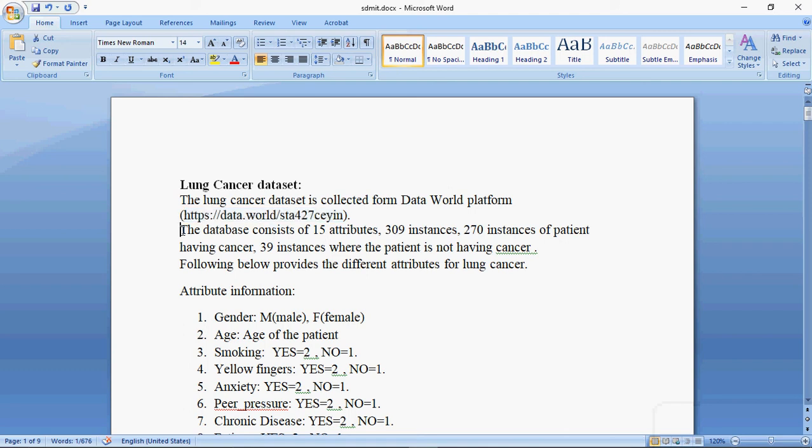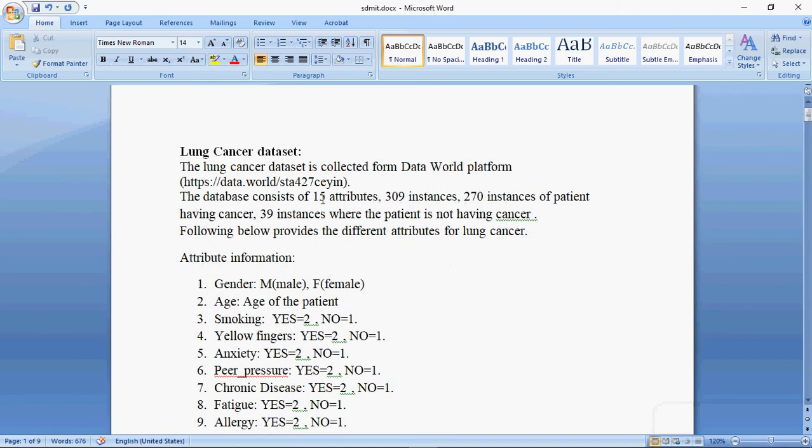So this database consists of 15 attributes along with the disease, whether yes or no. Including that, that's 16. Including cancer yes or no, it's 16. Excluding that, you have 15 attributes, and altogether the training set consists of 309 instances, out of which 270 say the person has cancer, that is, it's true, and 39 instances where the patient does not have lung cancer.